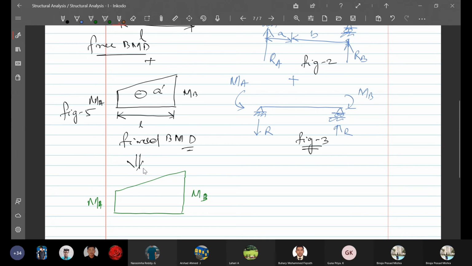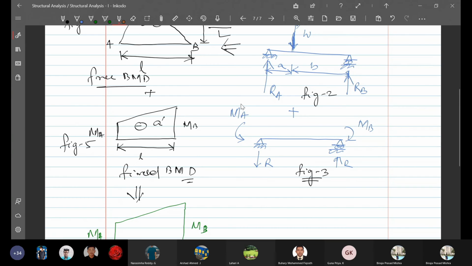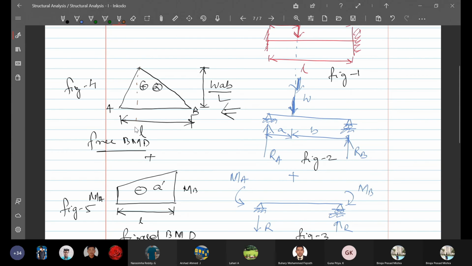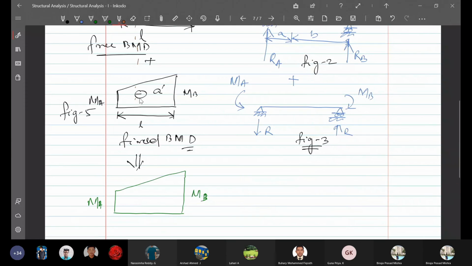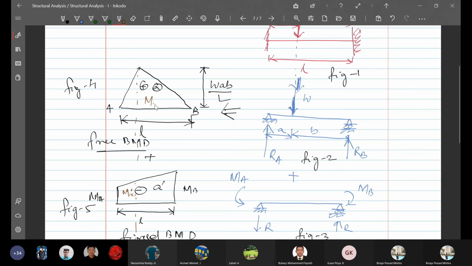This one will be negative, this one will be negative, and this part will be positive. One more thing, this is Mx bar and this is Mx.